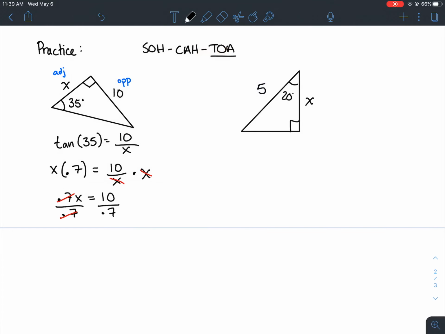And now x is by itself. And 10 divided by 0.7 on your calculator is 14.29. Always round to 2 decimal places on this. And that's our solution.